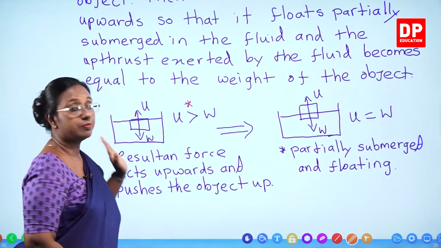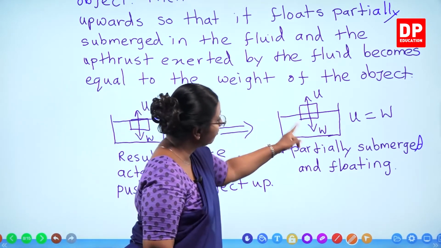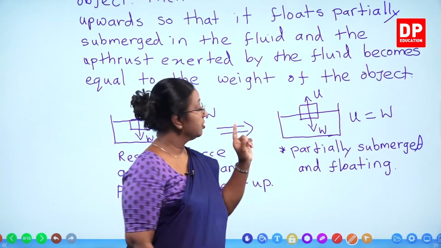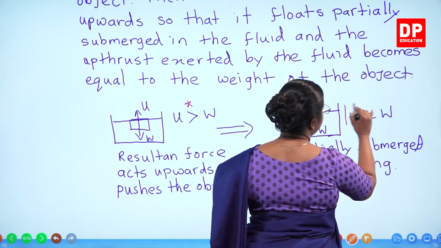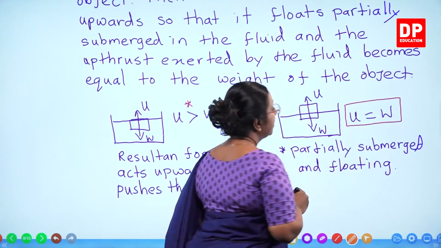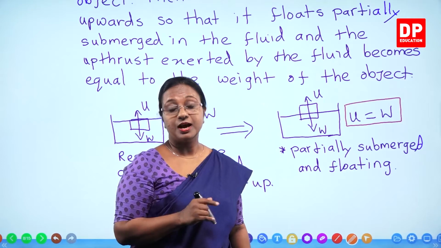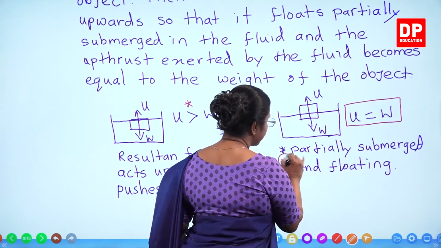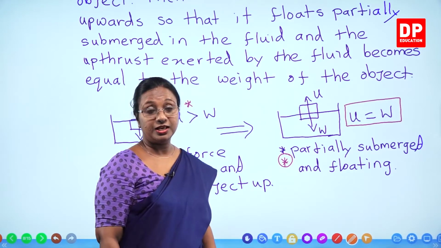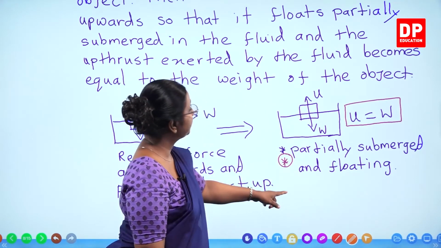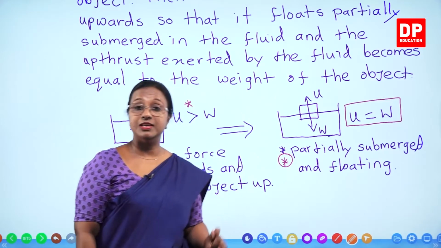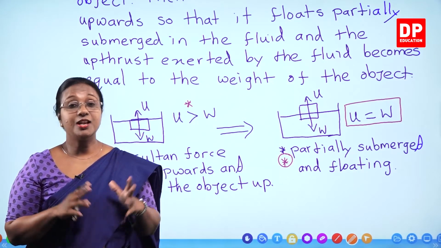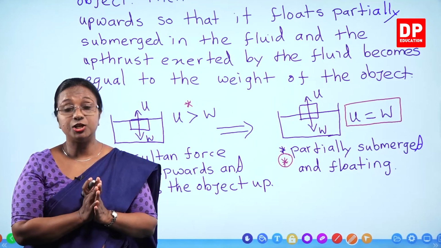It pushes the object up until it floats like this, partially submerged and floating. So there, of course, the upthrust becomes equal to the weight. Upthrust is equal to the weight when the object is partially submerged and floating. So that is why here the upthrust is less than the previous instant. I am sure now you all can understand all these concepts related to floating.